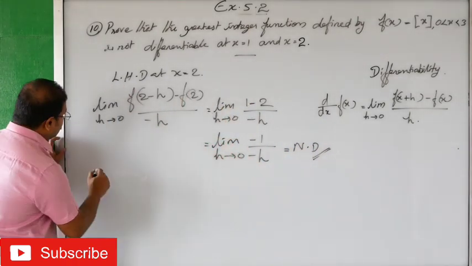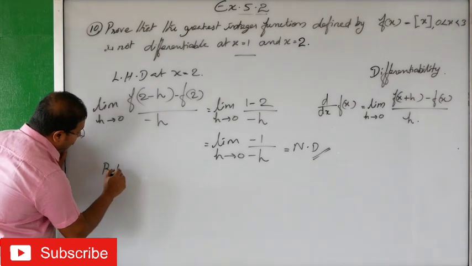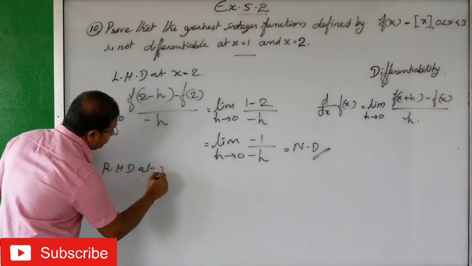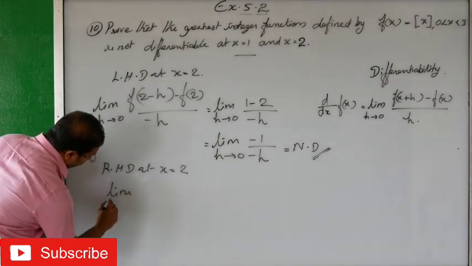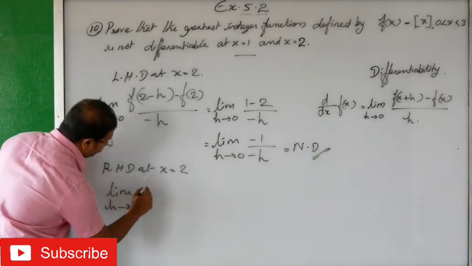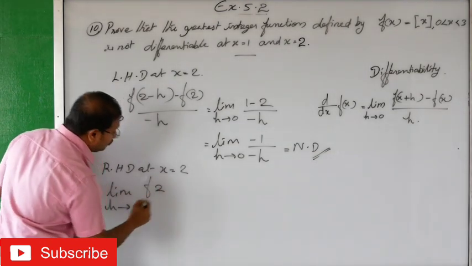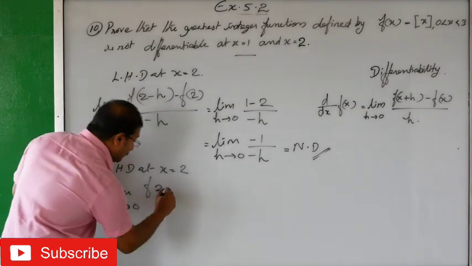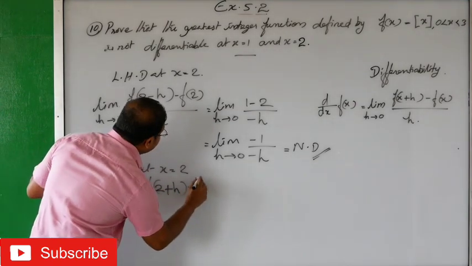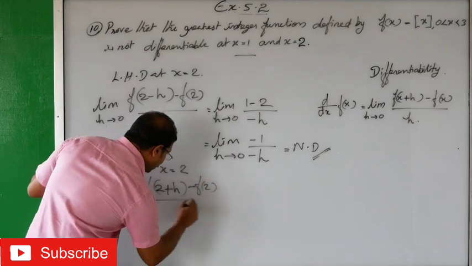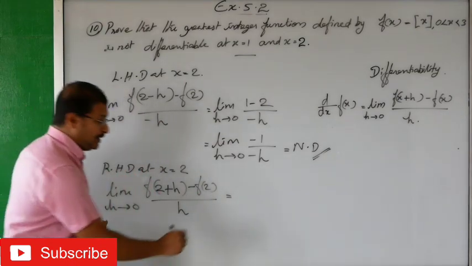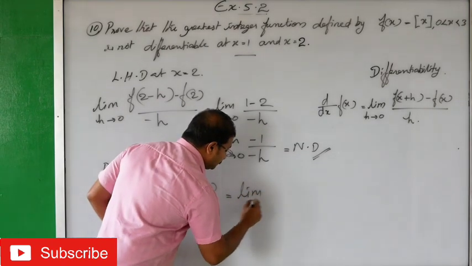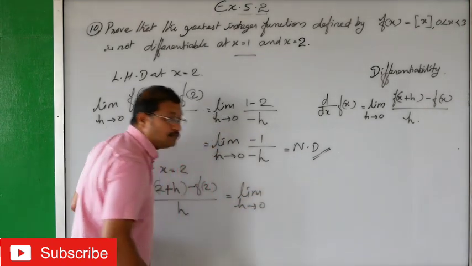Now RHD at x equals 2. That means we will take limit h tends to 0, f of 2, right hand side means plus h, minus f of 2 divided by plus h equals limit h tends to 0.